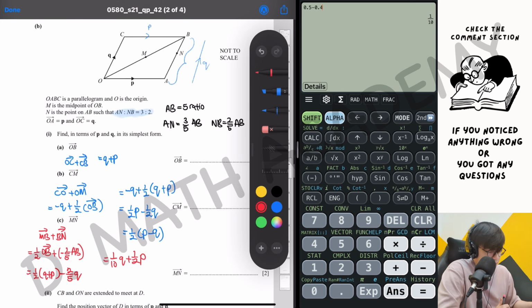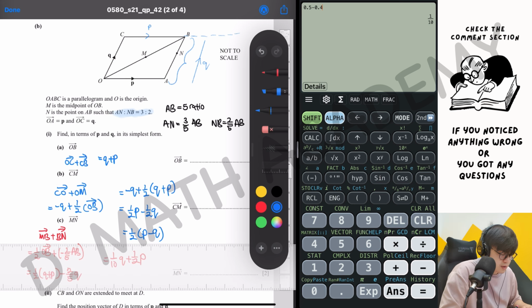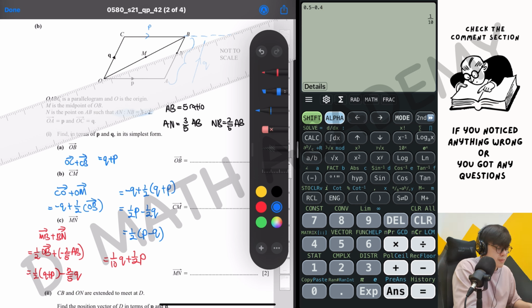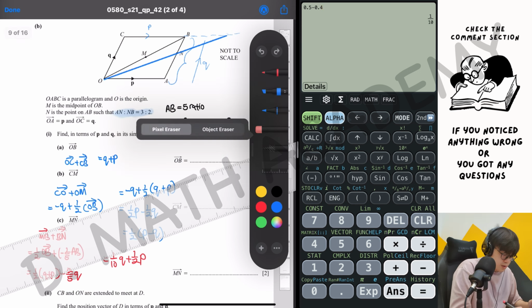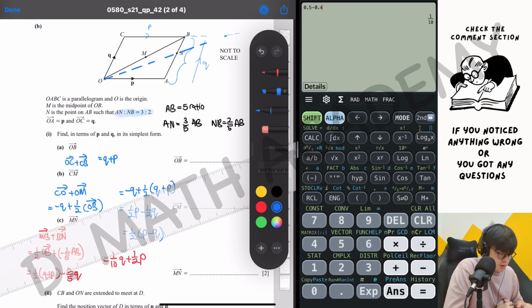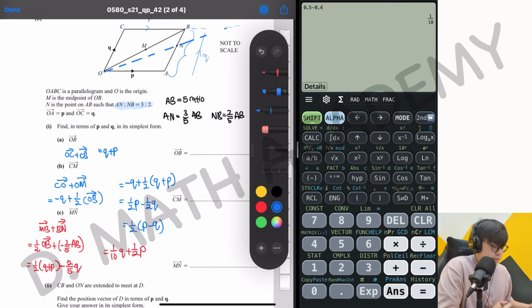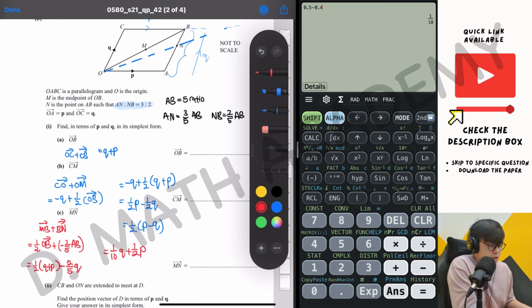What they are saying is that you have lines over here and there's a connection where they join up. The point that they connect will be the D that we are looking for. So this is the D.